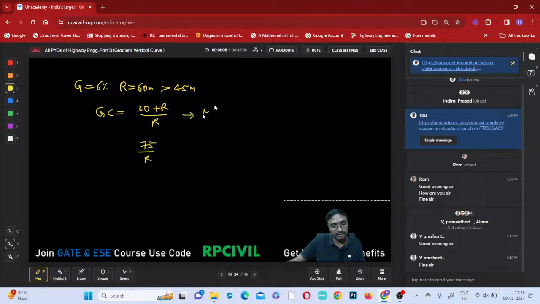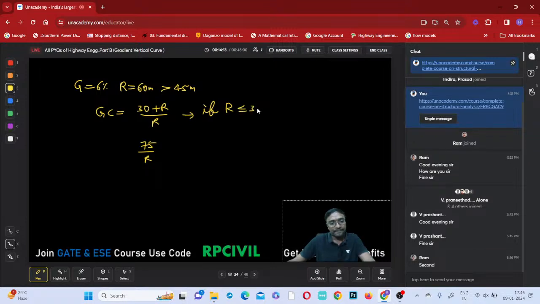We use the first formula if the radius is lesser than or equal to 45 meters, and the second formula if the radius is greater than or equal to 45 meters. At radius equal to 45 meters, you can use either one, if you just observe.